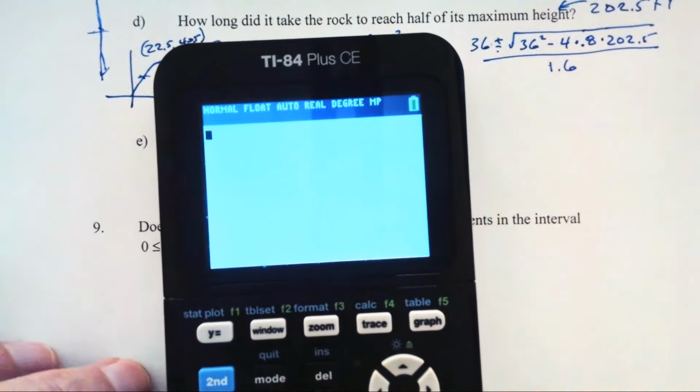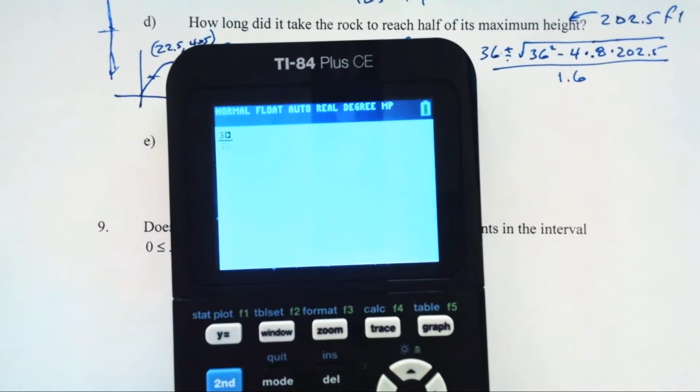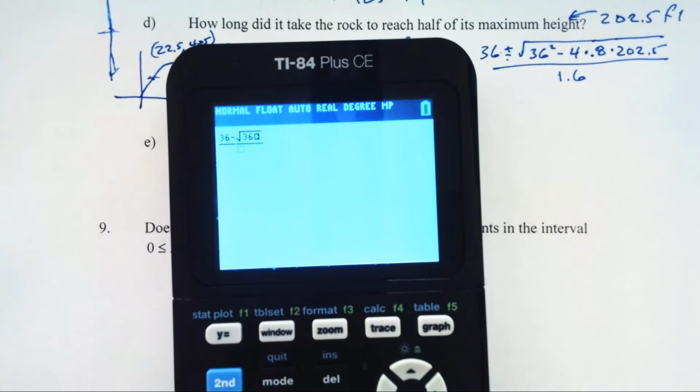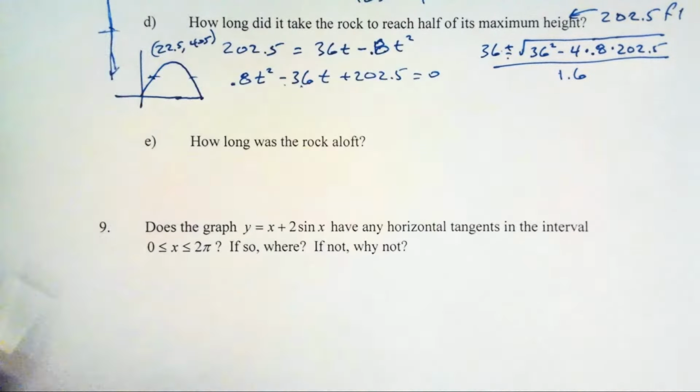Let's clear, let's go alpha, let's do a fraction here, and I'm going to get 36, minus the square root of 36 squared minus 4 times 0.8 times 202.5, and jump down to the denominator, double check, make sure I've got everything right there, divide by 1.6, and hopefully my answer makes some kind of sense. And I get 6.590.